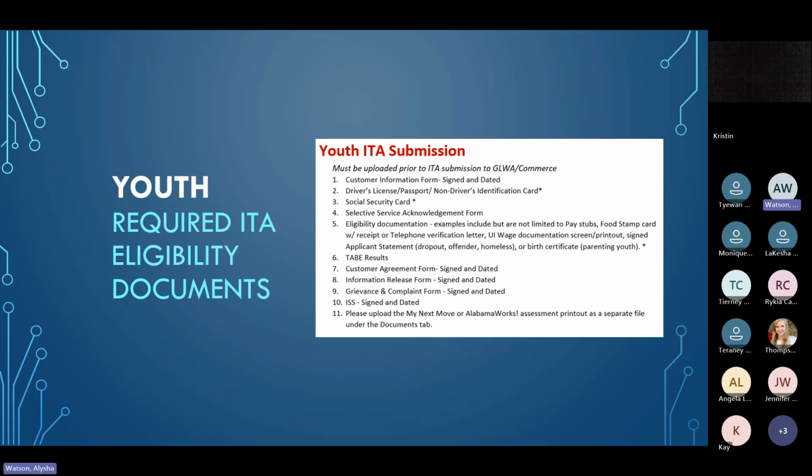If you're using My Next Move, that should already be uploaded, and also their eligibility documentation. So whatever documentation was used to determine them WIA eligible, again, all of this information will be entered into Alabama Works before the ITA request form is emailed.